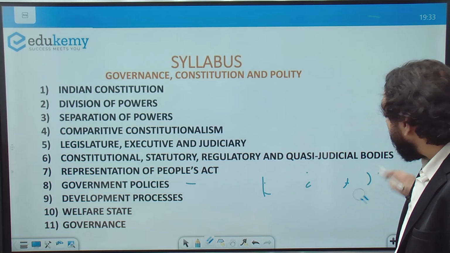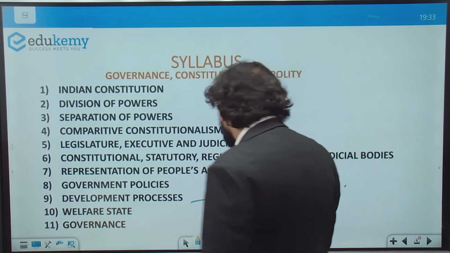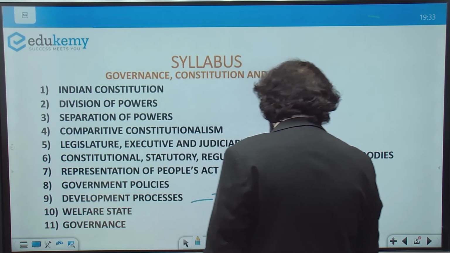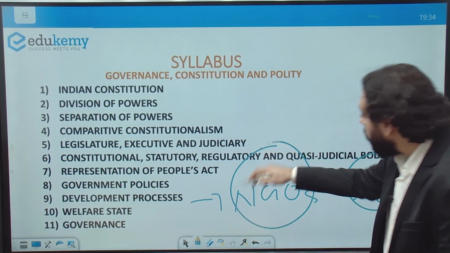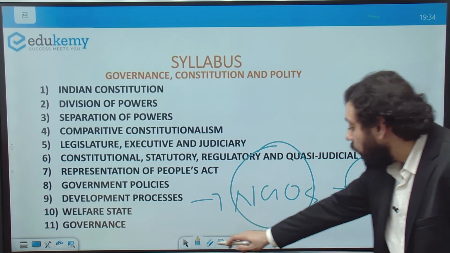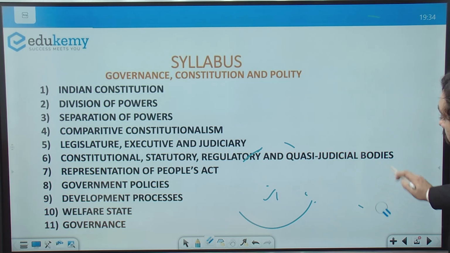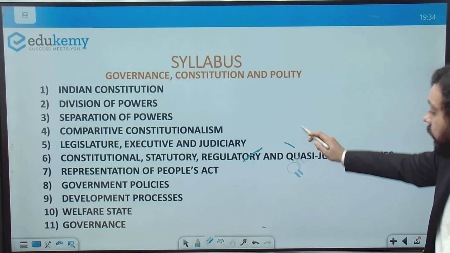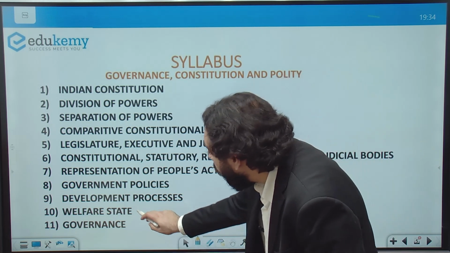And after that, there are development processes which include things like NGOs, SHGs, etc., which are self-help groups, and how are they being used by the Indian society to make sure that there are methods and means of satisfying the needs of all Indians. Okay, so this is development processes. Then there is a very important topic of welfare state.